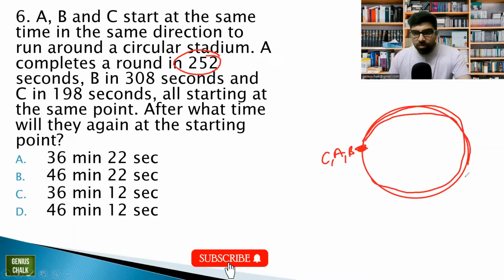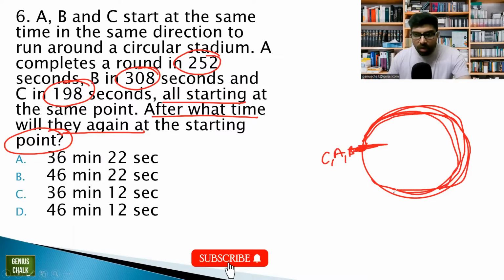B completes the same in 308, and C completes the same, right? They all started at the same time. At what time will they again meet at the starting point? So for the starting point, they will only meet when I take the common multiple of all of them, right?